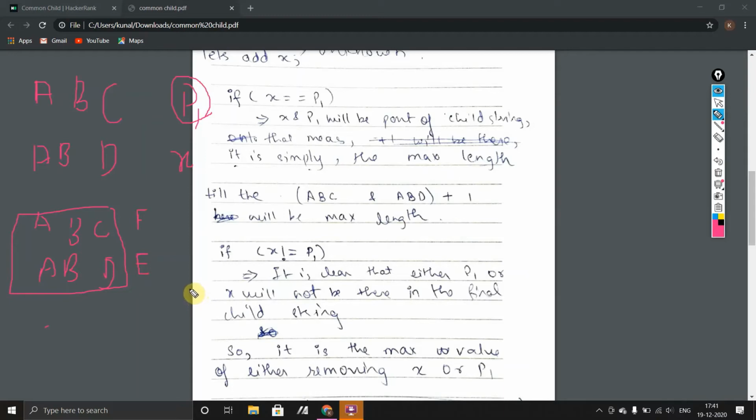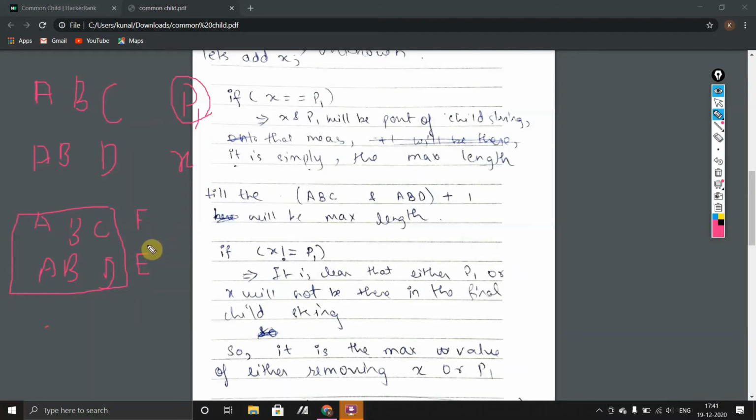Now in this case I have two choices. It is clear that either p1 or x will not be there in the final child string. Absolutely correct, right? Either F has to be deleted or E has to be deleted, because whatever is at the end will stay at the end until it is deleted, correct?